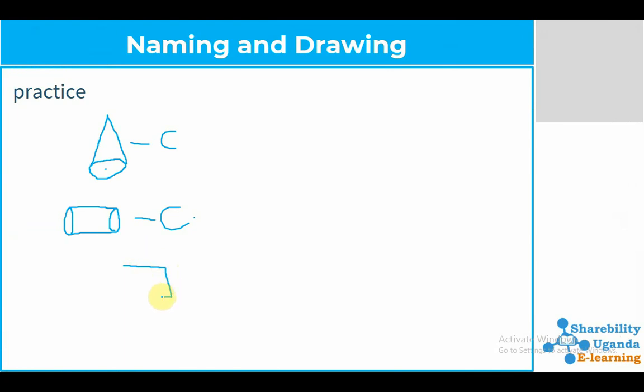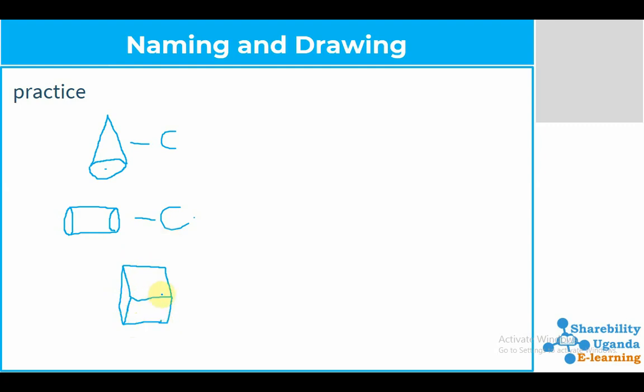We shall be able to draw it in this way, and we shall be able to bring this. Also bring this such that this has our shape of this kind, and also this has our shape of this kind.